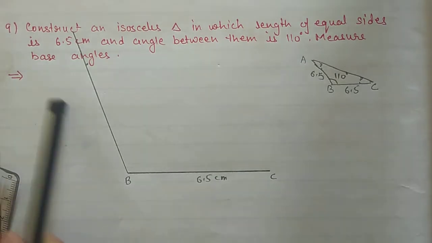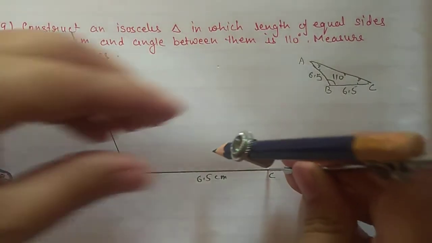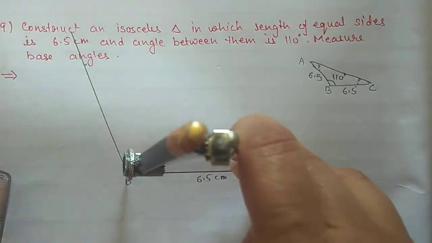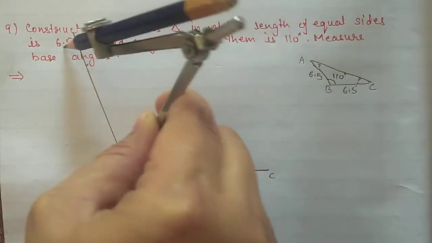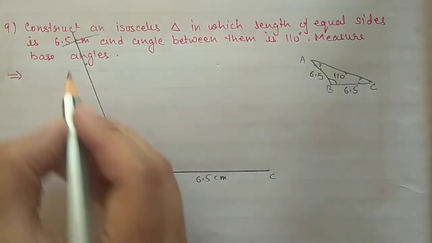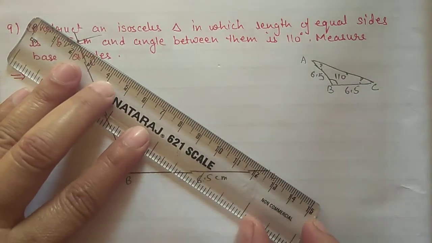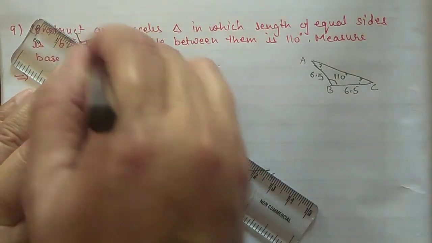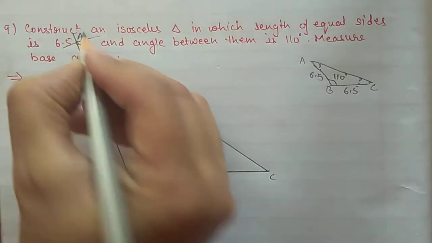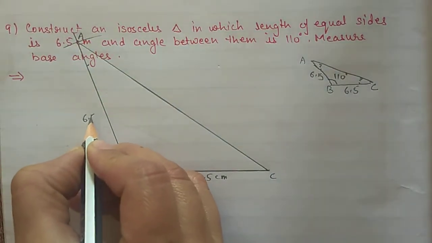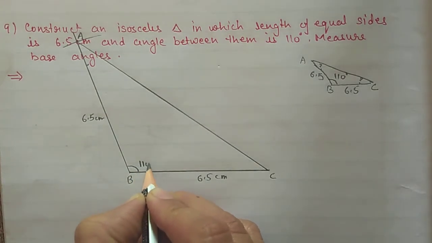Then this line is also 6.5 centimeters. So take a 6.5 centimeter distance in your compass and put one arc. Wherever this arc cuts, join that point here, and this point is A. This is 6.5 centimeters, and this angle was 110 degrees.